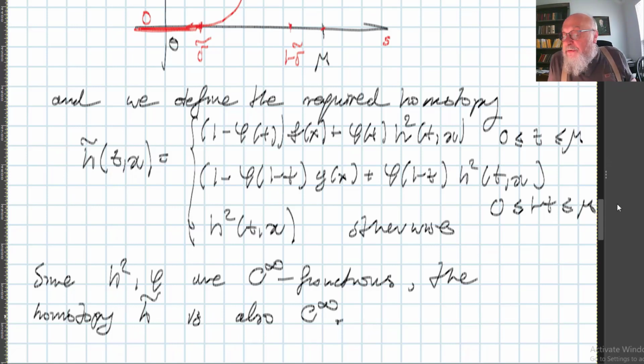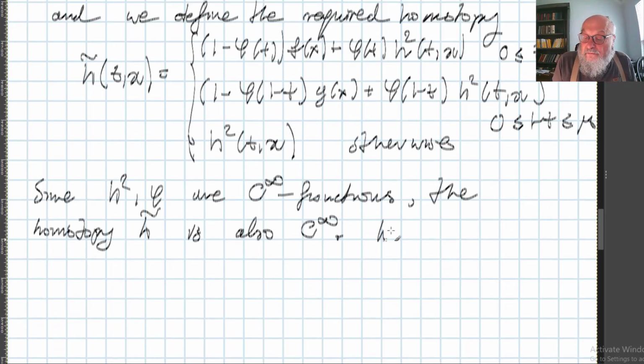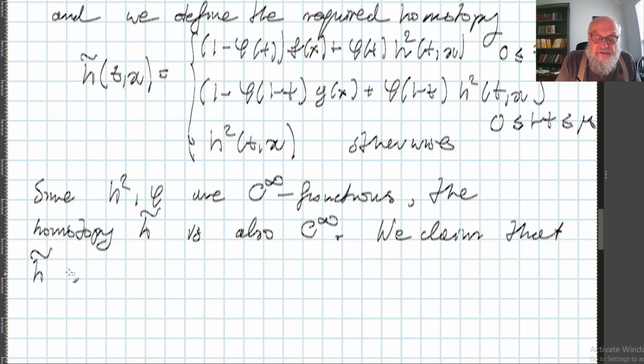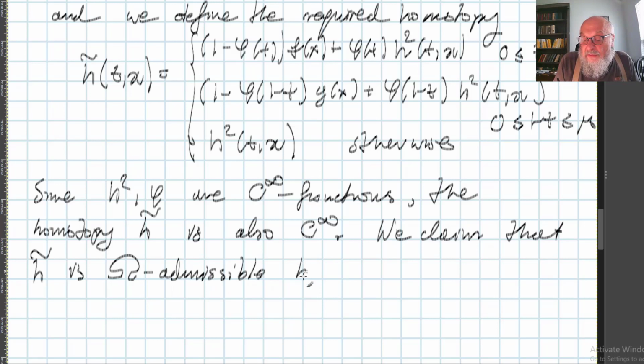We claim that this homotopy h tilde is an omega admissible homotopy.